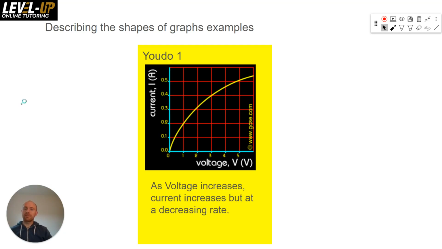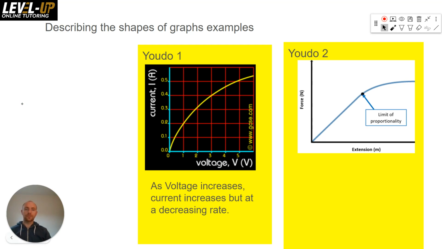As voltage increases, current increases, but at a decreasing rate. Here's another example. So for this one, we're looking at Hooke's law, spring most likely, and you can see it's similar, but it starts linear.